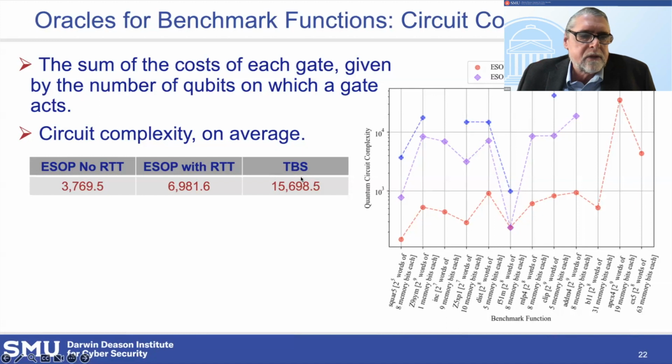In fact, it's lower by an order of magnitude. Even if we add the overhead, which again is not needed, even if we add the overhead of RTT in. So ESOP wins for circuit complexity.